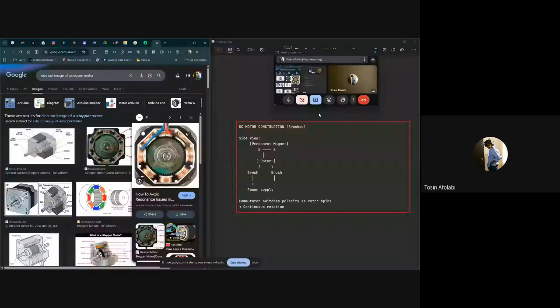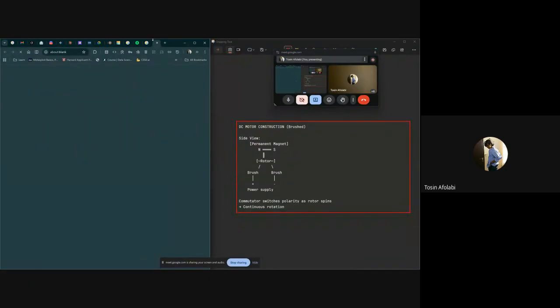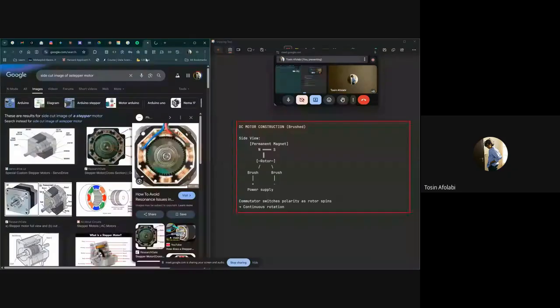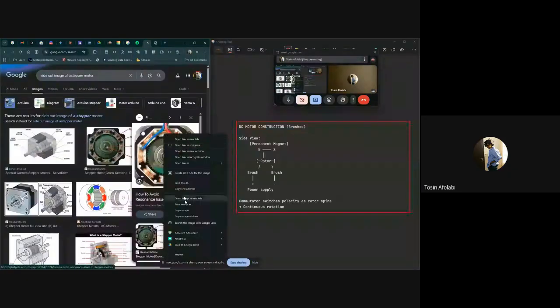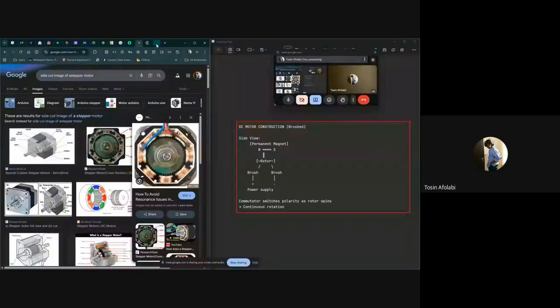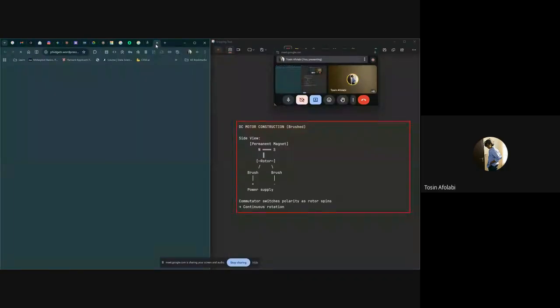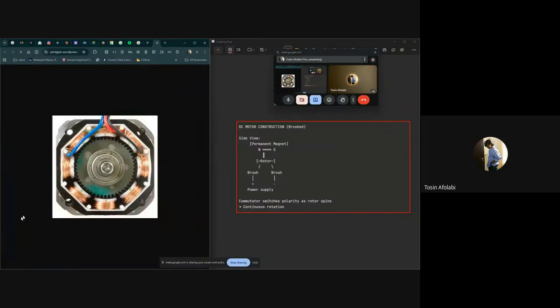Okay, so let me see. Let's do this. This needs to be better. Let it load. Okay, yes, this is it.